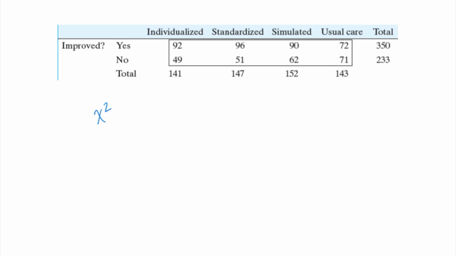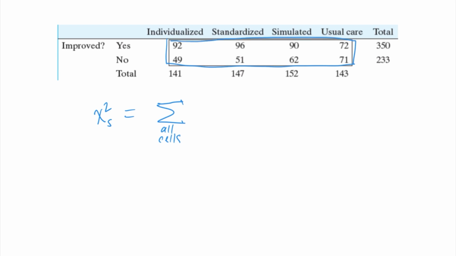I'm writing this little s next to the chi-squared to show that this is the test statistic. This is something we're getting from the data. And we'll write this summation here, and to make it easy, write all cells underneath the summation symbol to say that we're doing this for all 8 cells in the center of the table here, obviously not including the totals.